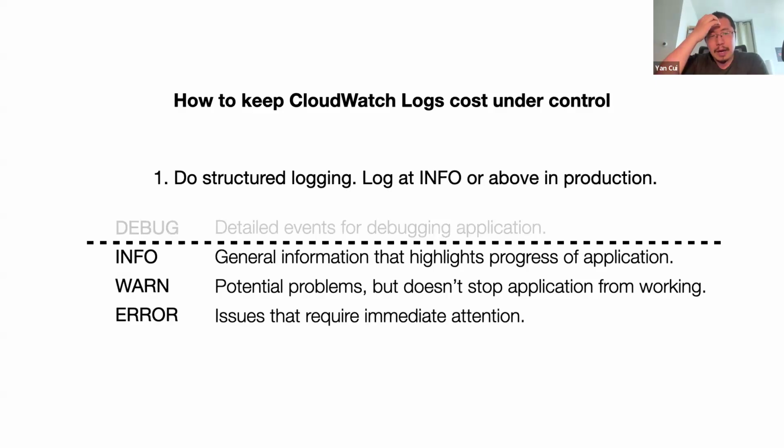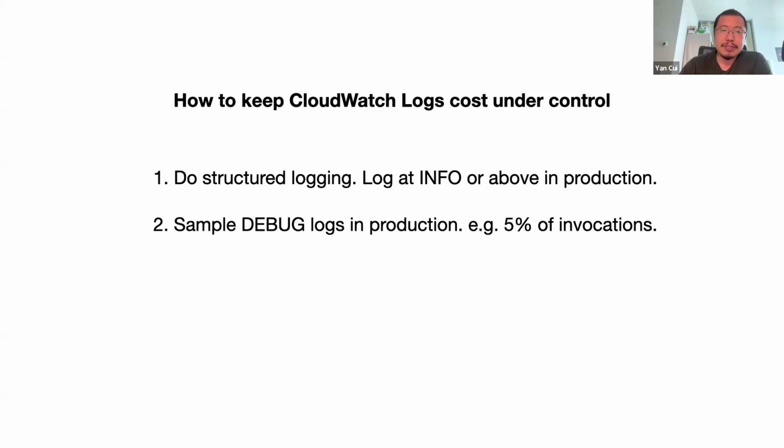So in production, you want to set your log level such that you don't record all the debug messages, because in production you're going to have so much more traffic, and the debug messages can be overwhelming in terms of the amount of data you collect, and they can be quite costly. But you also don't want to be in a situation where you have no debug logs.